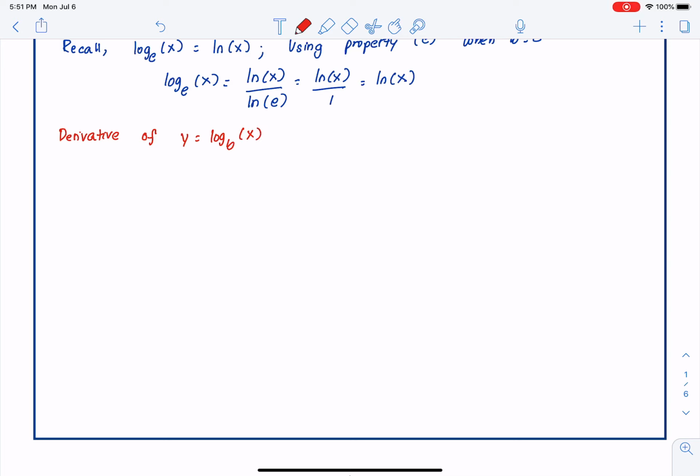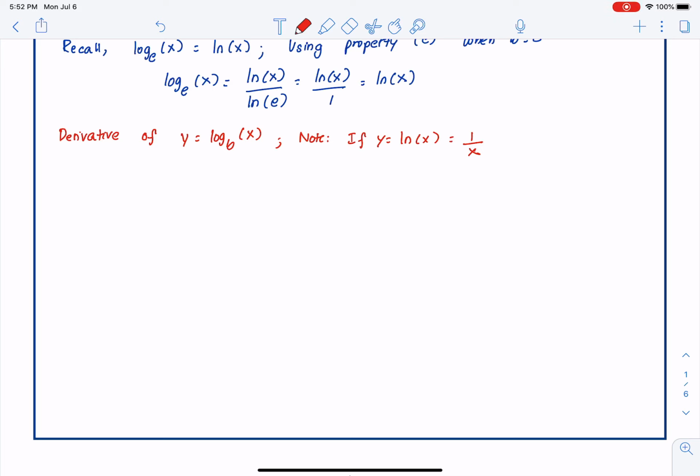So we want to find the derivative of log base b of x. Keep in mind, b is a number. So I'm going to put a note here. The derivative of ln of x is simply 1 over x.